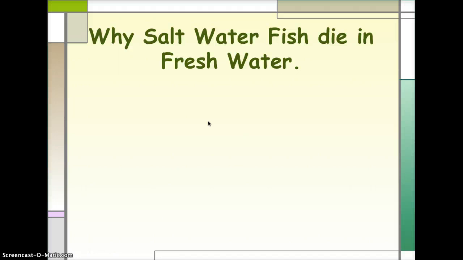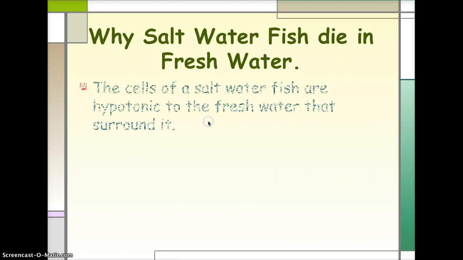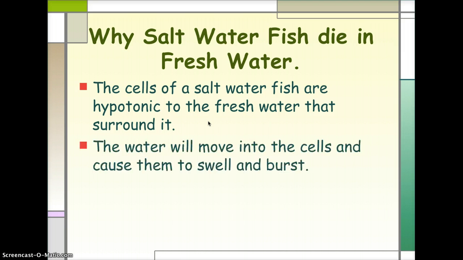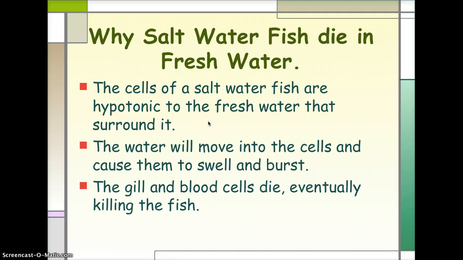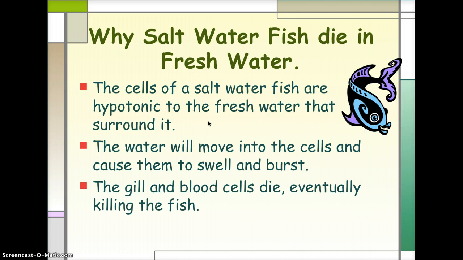Well, if you think about the fact that saltwater fish normally live in a saltwater environment, the cells of the saltwater fish are hypotonic to the freshwater that surrounds them. So the water moves into the cells and causes them to swell and burst. The gill and the blood cells die, and eventually that kills the fish.